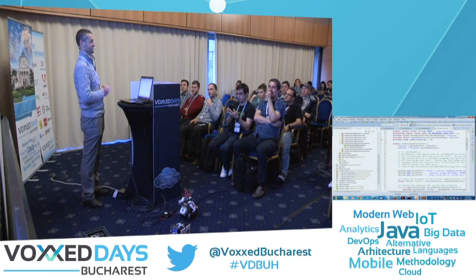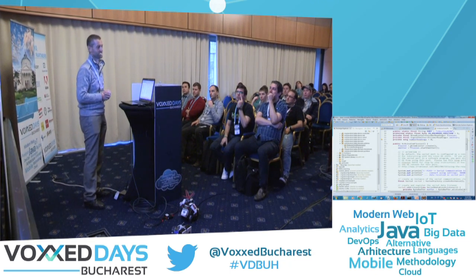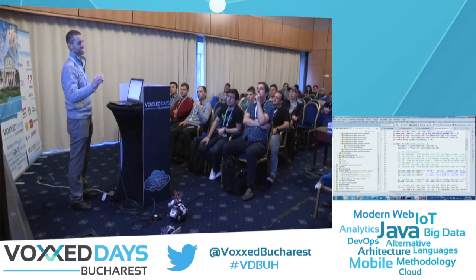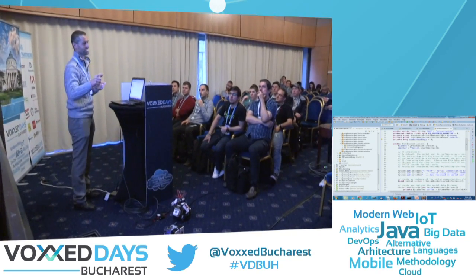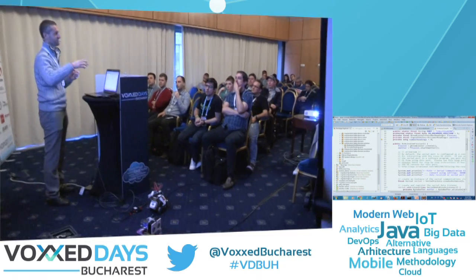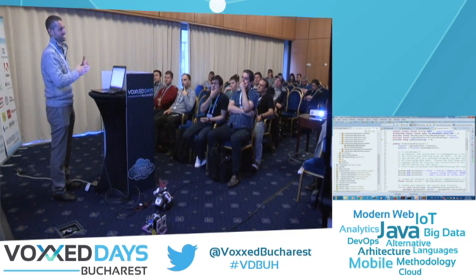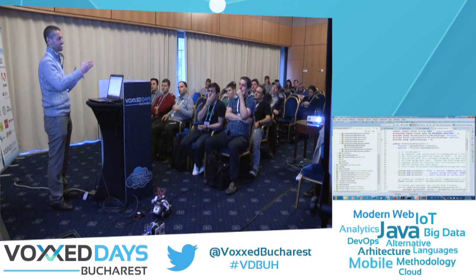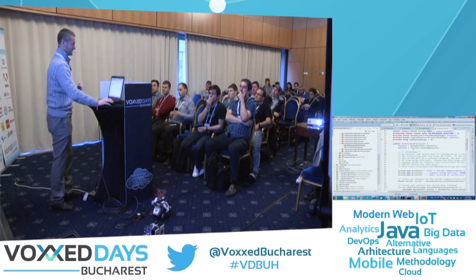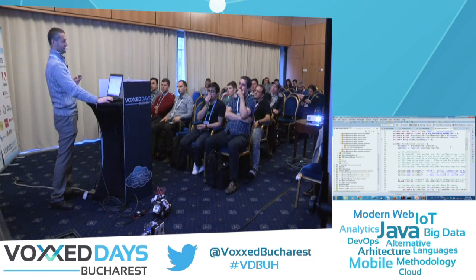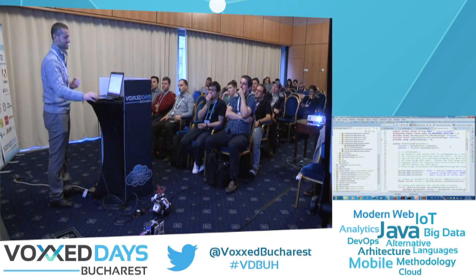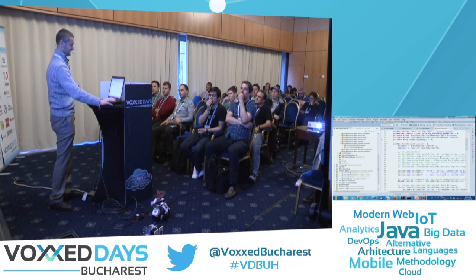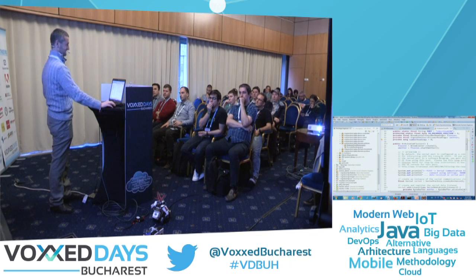There are also different types of fluxes that are more usable for cold event stream processing, or you can convert a cold event stream to a hot one by caching only several values, for example, or by using other primitives. But Broadcaster is specifically good for hot event stream processing. It is very hot because the events come at a fast rate from the encoders. Actually, not all of them, every 50 milliseconds.